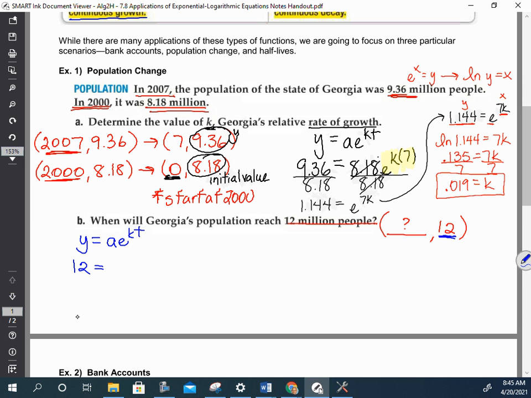A is still the initial value. We started with 8.18. We keep using 8.18. E is still E. The K value we got in the previous problem, 0.019.